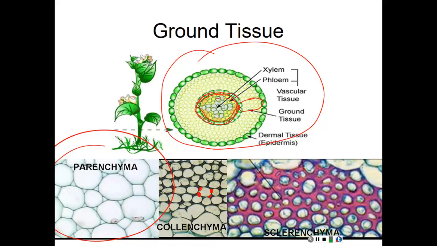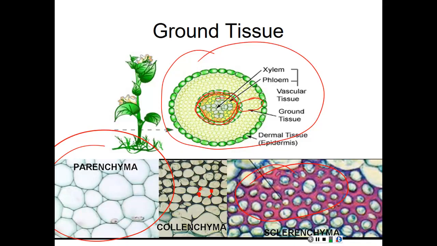I don't have a good picture, but a fiber would be something like this, a really thick-walled, elongated cell. And then we also have a type called sclereids that are densely packed, irregularly shaped cells, which is what we're looking at in this image.